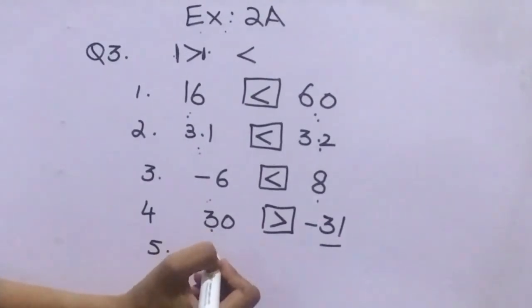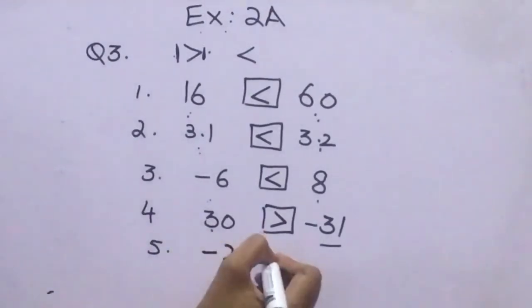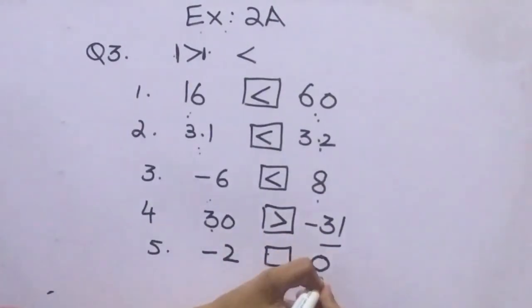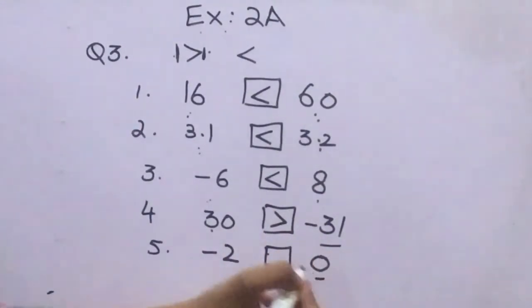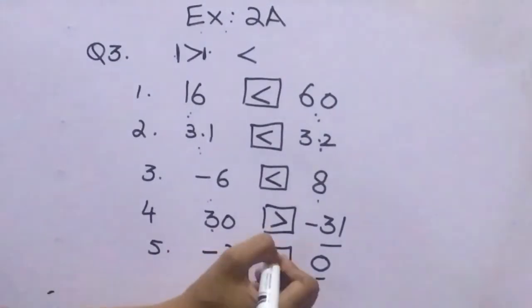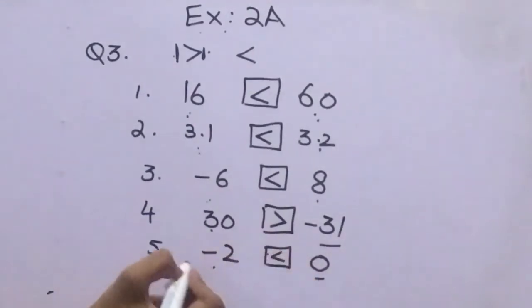Number 5, -2 and 0. 0 is just a number, and -2 is a negative integer and a negative number. So 0 is obviously greater than -2.